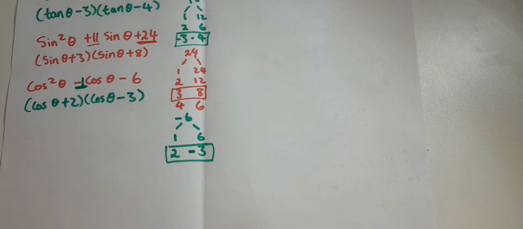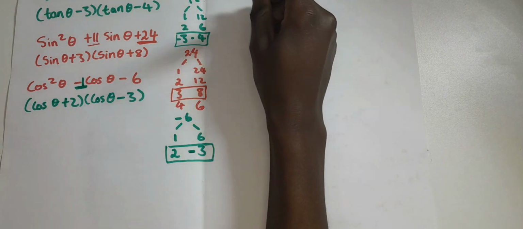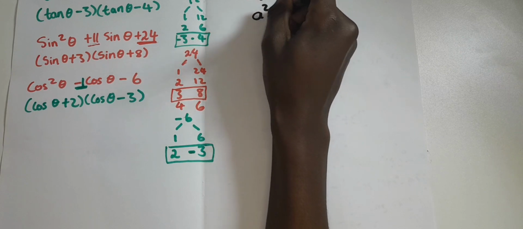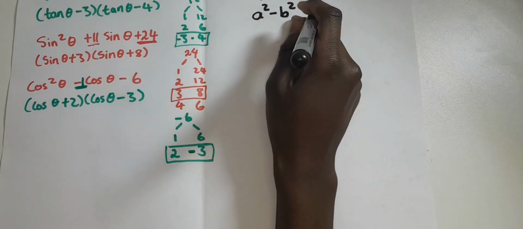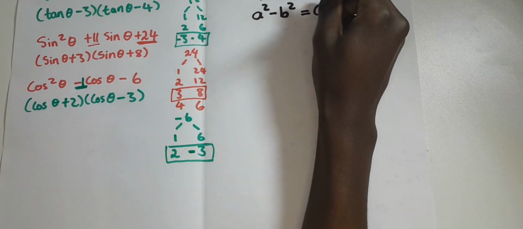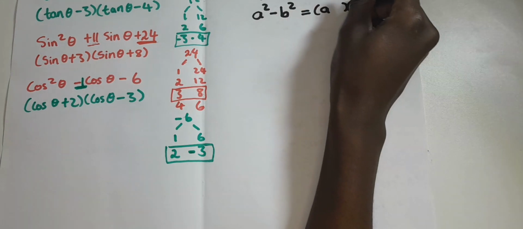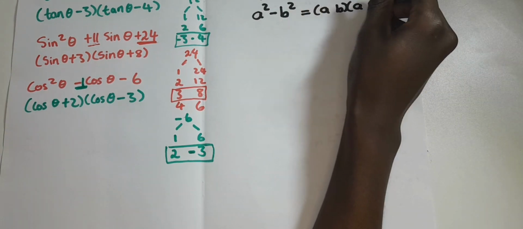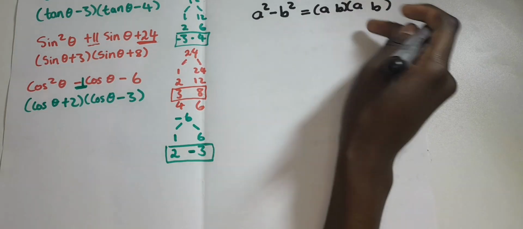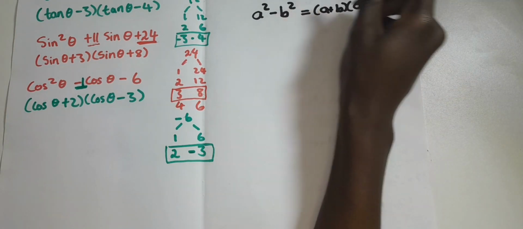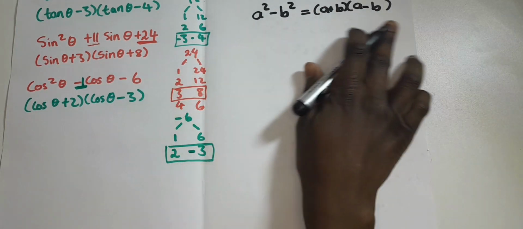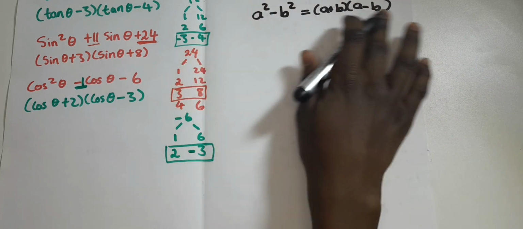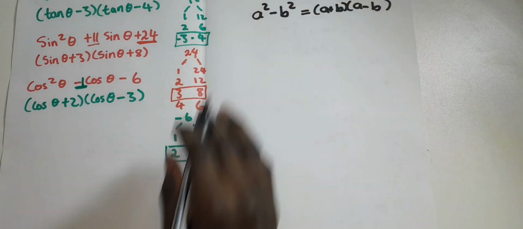The difference of two squares law states that if you have two perfect squares subtracting each other, you can factorize them by having two similar brackets, but with opposite signs. I won't prove this law. You can just check out our algebra video on that.